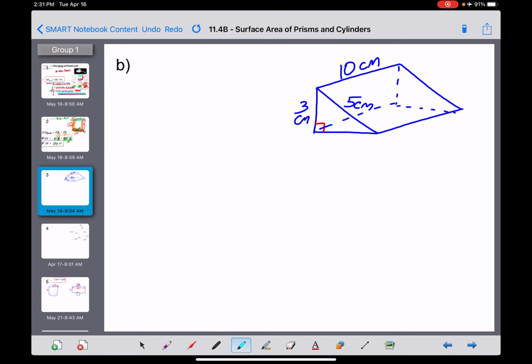The key to this problem is recognizing that we have a triangle here on the front of this figure that I will highlight in blue, and then another congruent and parallel triangle right there in the back of the figure. So these two triangles are the bases, and that means that the height is actually running in this direction. The important thing here is that we've got a base on the back and a base here on the front, and that height is running kind of front to back.